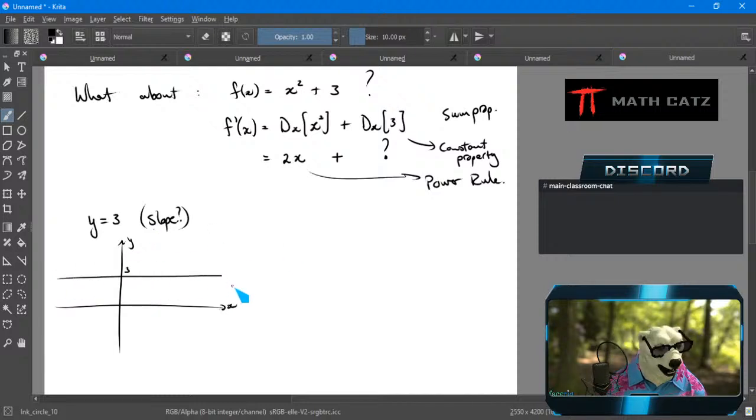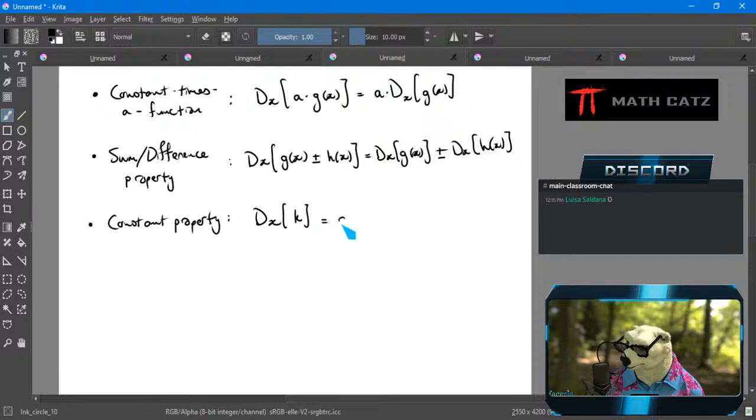What is the slope of a horizontally straight line? I know, you all fell asleep. I'm sorry. It's 0. Yes, it is. So it's not hard to convince yourself that the derivative of a constant should be 0. And it is. It is 0. Because that's a horizontal straight line. Constant function, 0 slope. We've already seen that.